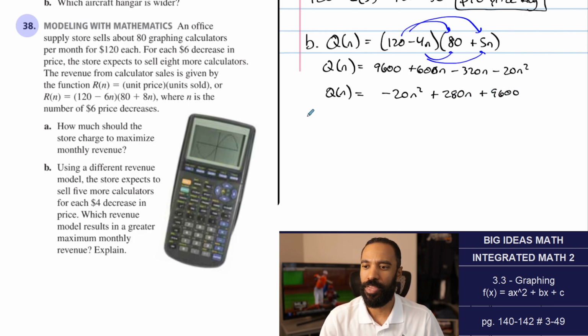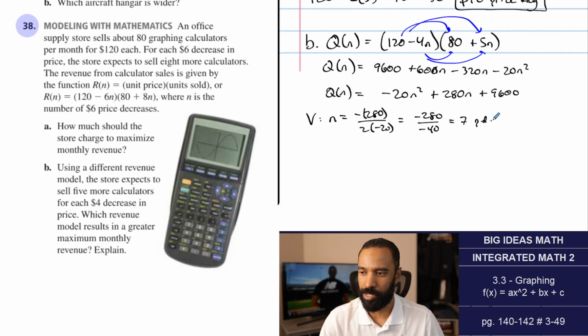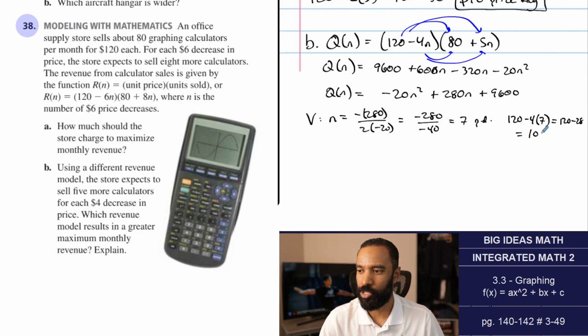Okay, so the n value of the vertex, negative b over 2a, is negative 280 over negative 40, which is 7. 7 price decreases. So 120 minus 4 times 7 is 120 minus 28, which is 102.